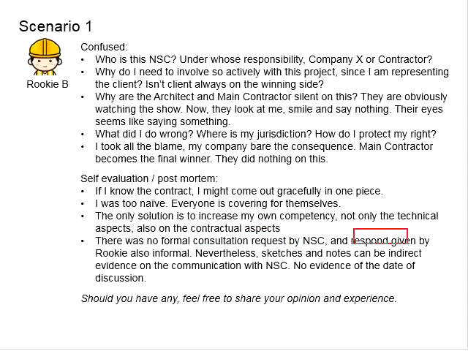The responses given by Rookie B were usually informal. Nevertheless, there are still sketches and notes drafted during the communications, which can be indirect evidence of the communications made to NSC. Just that he cannot actually prove the date of the discussions.